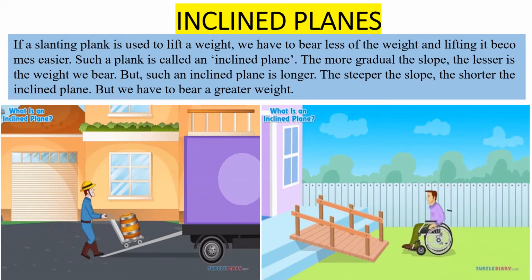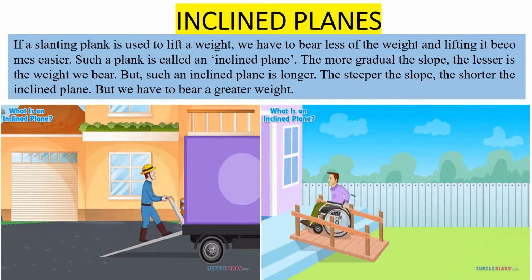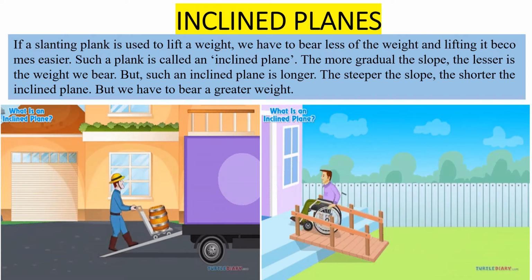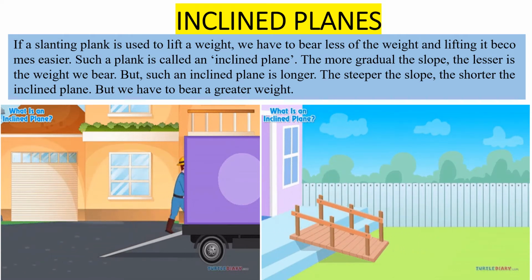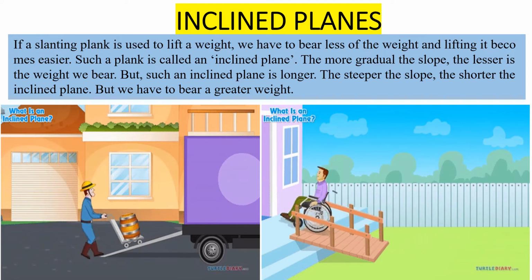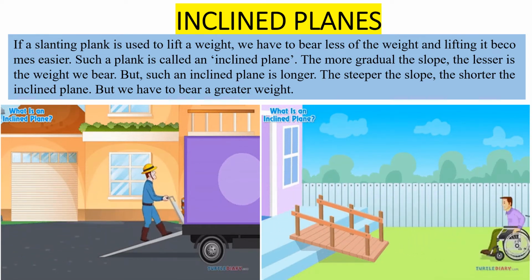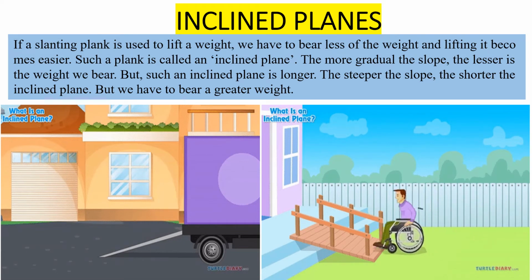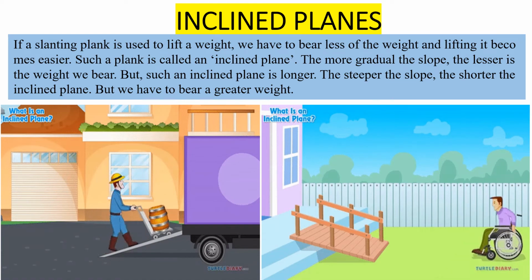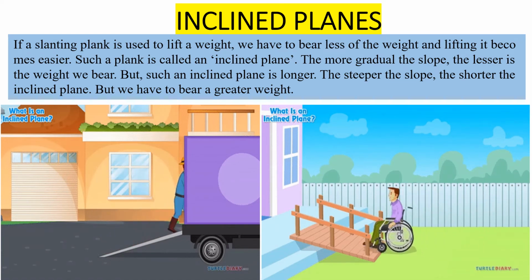Okay? If the plank is steeper, meaning more tilted toward height, then we will need more energy to bear the weight. If the slope is gradual or lesser, the weight that we have to bear will also be less.